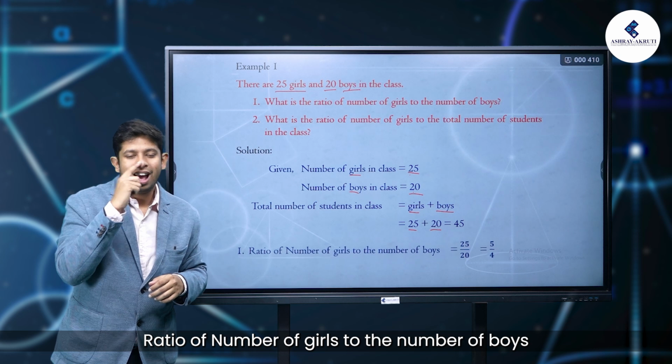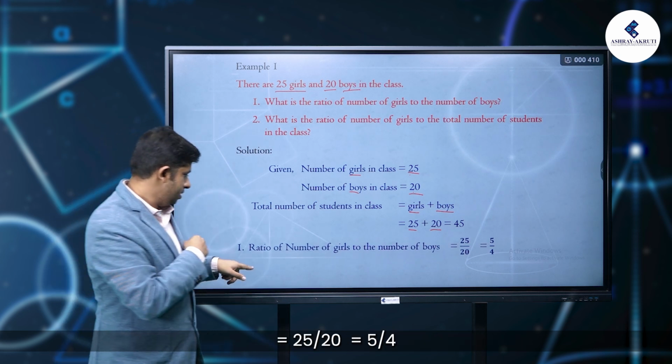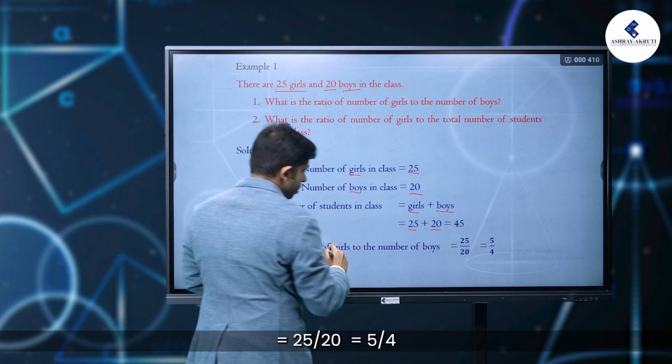Ratio of number of girls to the number of boys is equal to 25 by 20, which is equal to 5 by 4.